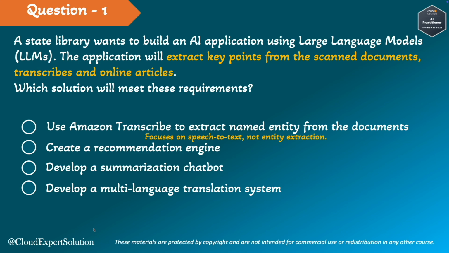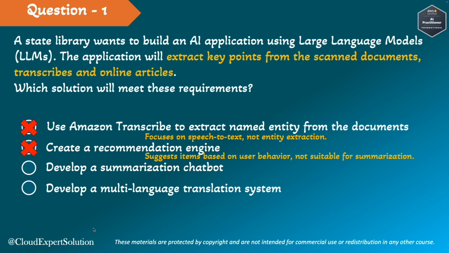Hence, this is not the correct answer. Moving to the second option, create a recommendation engine. A recommendation engine is designed to suggest items to users based on their preferences and behavior. It does not extract key points from documents or transcribed content. Hence, the second option is also incorrect.